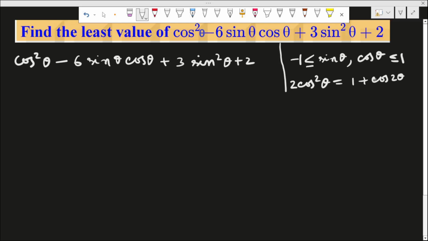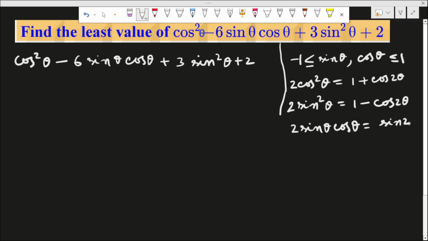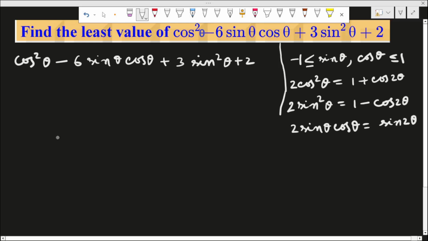See, we have made it in terms of cos 2 theta. There is a similar formula in the case of sine, and 2 sin theta cos theta is sin 2 theta. So these can be reduced.